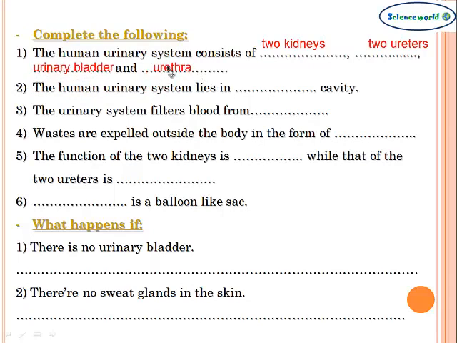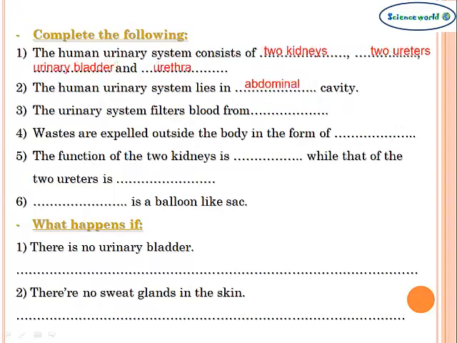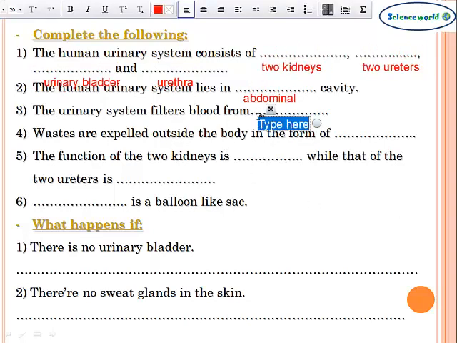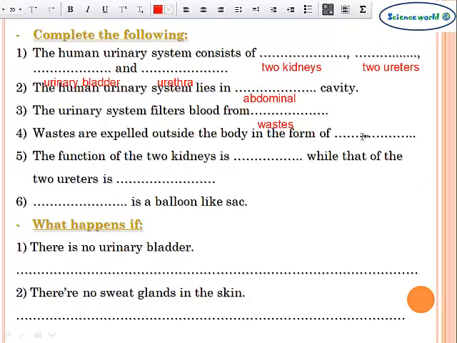The human urinary system lies in the space cavity. Yes, abdominal cavity. 3. The urinary system filters blood from, of course, wastes. 4. Wastes are expelled outside the body in the form of, yes, urine.